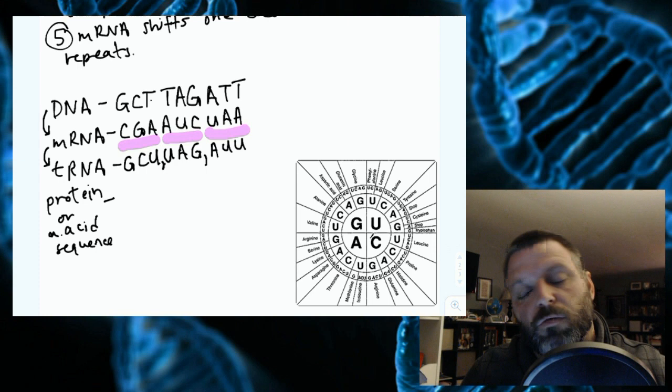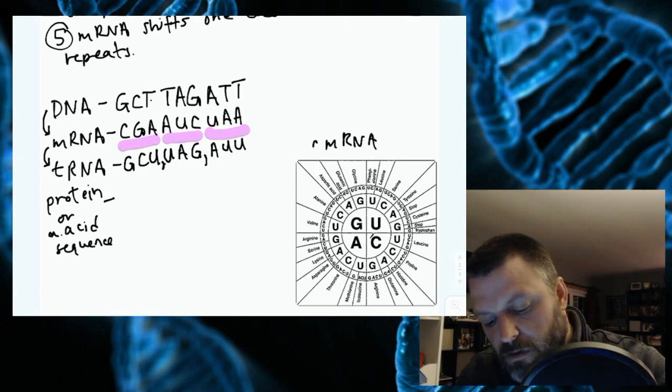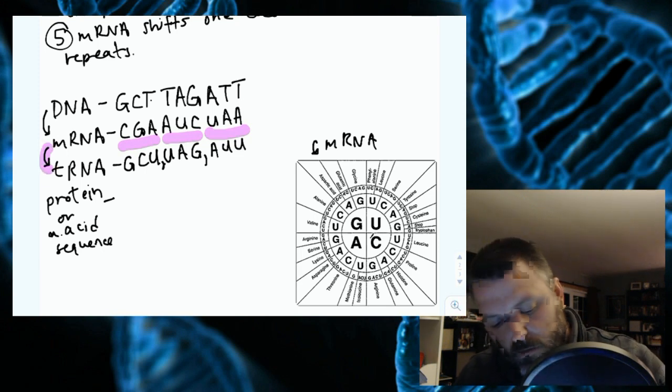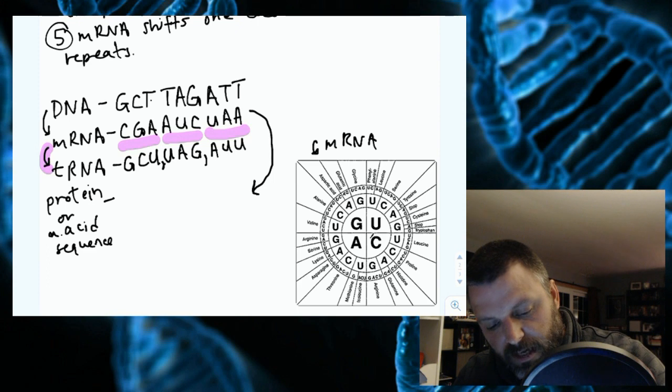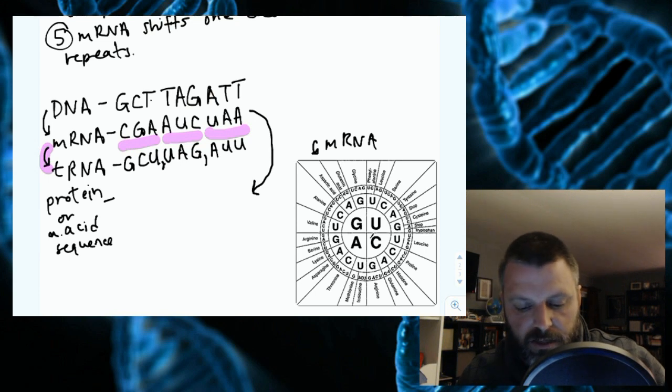That's going to tell me what amino acids go in my amino acid sequence. The thing you need to know about that tool, and we'll always give you that tool, is that it comes from the mRNA. So what you have to do is see how my mRNA goes into my tRNA. Well, when you do this next part here, you have to go all the way back from the mRNA to get the amino acid sequence.